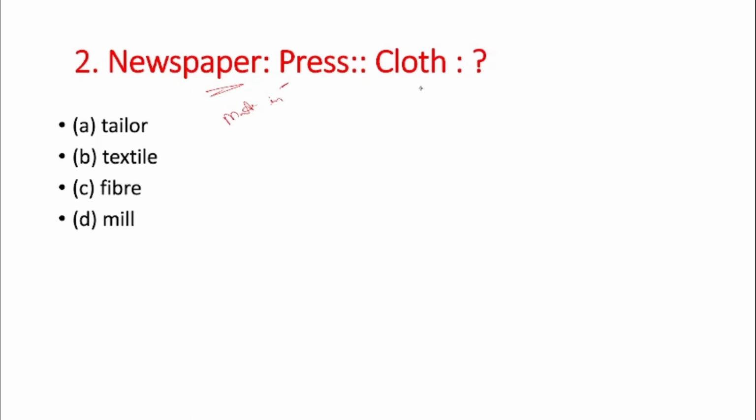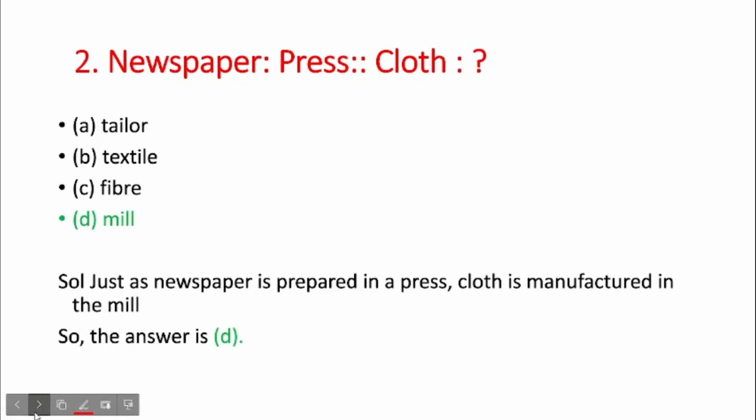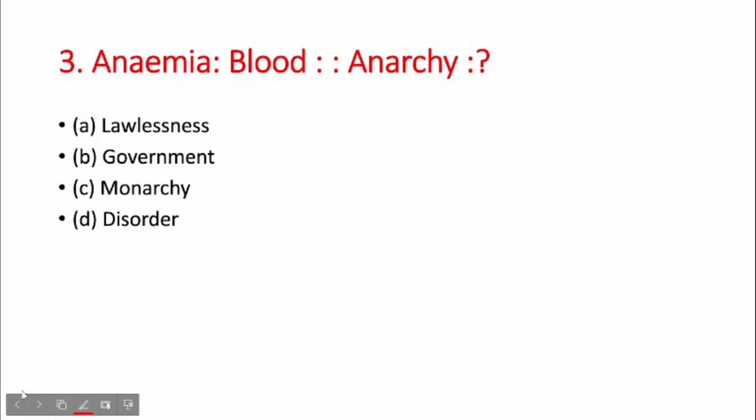Similarly, clothes are made at a mill. Newspaper is prepared in a press, cloth is manufactured in the mill. These are very simple questions, just for your understanding. So we'll see the next question.